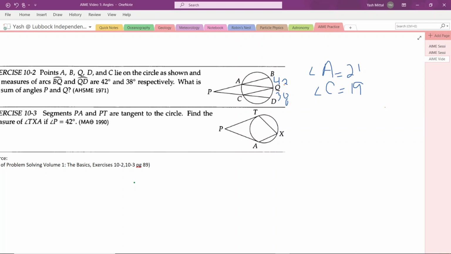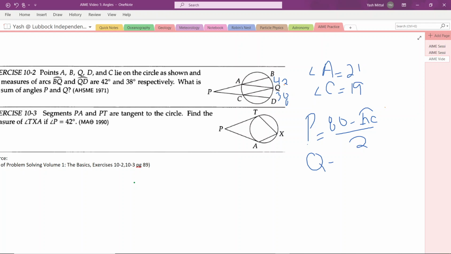So let's try figuring out how we can work backwards from P and Q. We know that P is two secants intersecting outside the circle, so we can choose P is equal to BD minus AC over 2. And arc BD is equal to 42 plus 38, which is 80, minus AC, we don't know what AC is, over 2.